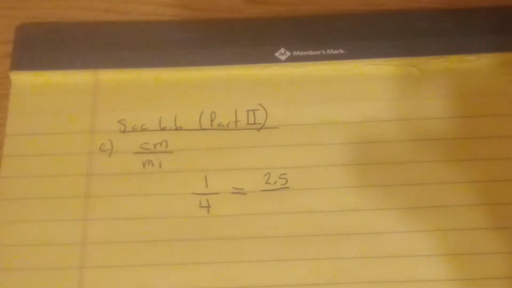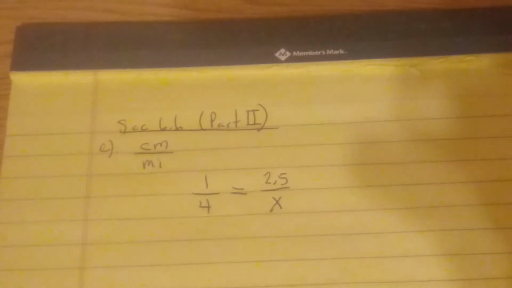Will it go in the numerator or the denominator? Well, we set it up as centimeters to miles, so it has to go where it was set up initially. In other words, the 2.5 centimeters has to go in the numerator there. You don't have to put the mixed fraction itself, you could just simply put 2.5. And the unknown part will be your x, in other words, how many miles it represents.